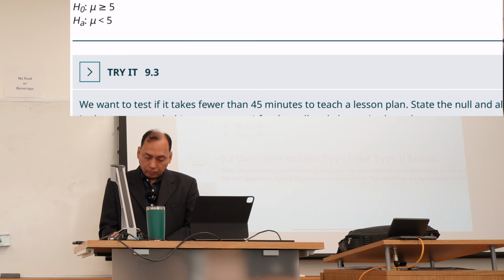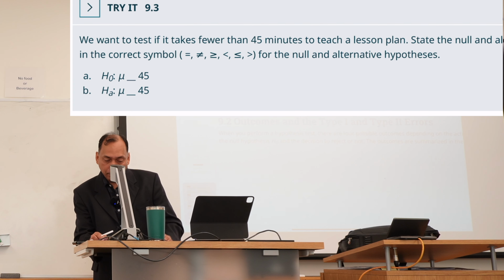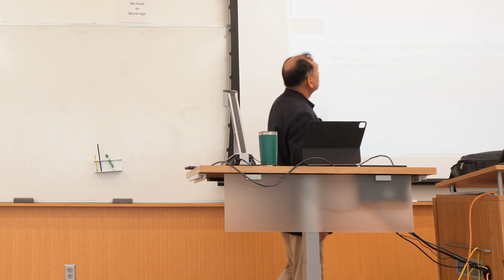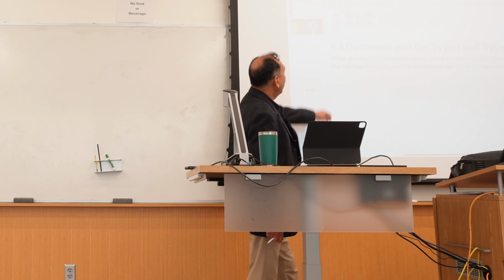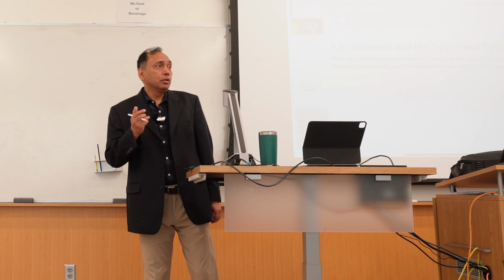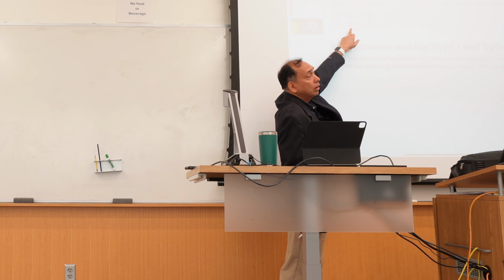9.3, we want to test if it takes less than 45 minutes to teach a lesson plan. So whatever we want to test, that always goes to HA. Anything that you want to test or anything somebody claims automatically goes to HA, alternate hypothesis.